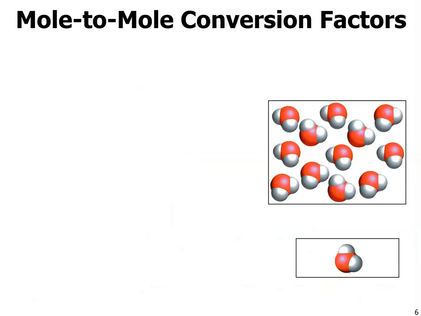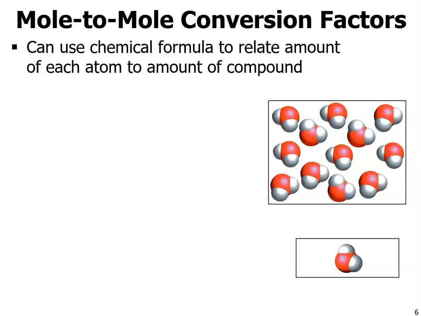So the chemical formula is going to relate that amount, and we can relate it to a single atom or single molecule, or we can relate it to a mole group. For example, let's look at the molecule of water.